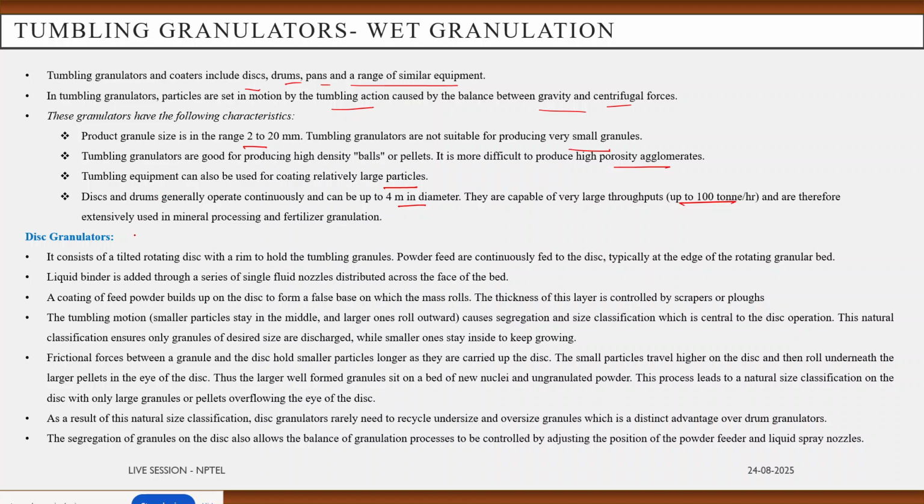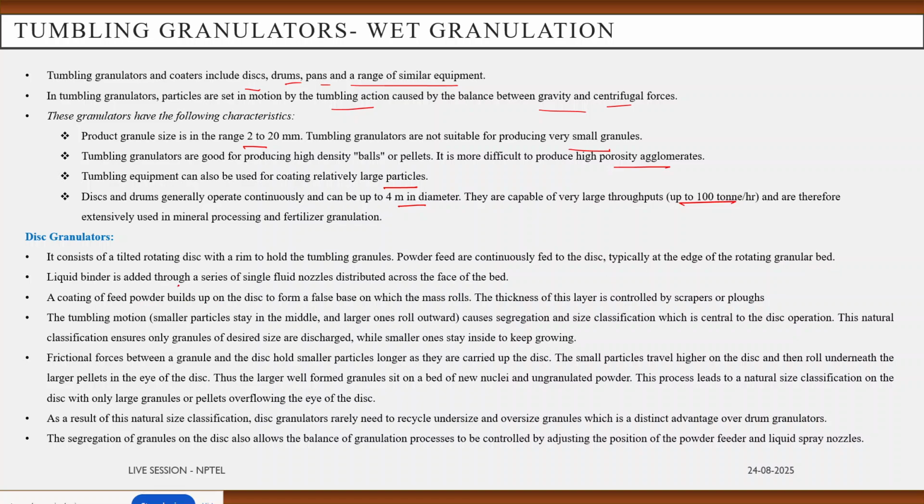So now we are going to discuss this granulator. It consists of a tilted rotating disc with a rim to hold the tumbling granules. Powdered material is fed continuously into the disc, typically at the edge of the rotating granular bed.